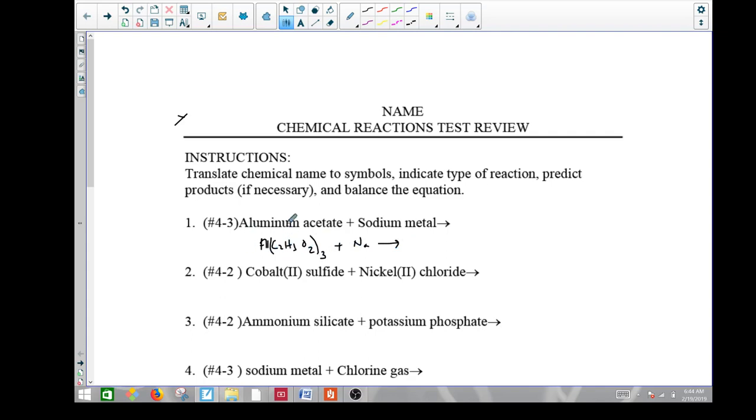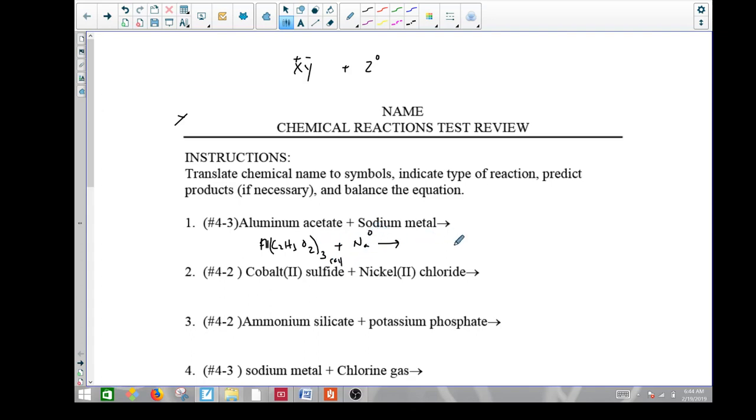You should be recognizing that template as an ionic compound XY plus a single element with no charge. So metals will exchange with metals, nonmetals with nonmetals. This is the cation, this is an anion, and typically this is aqueous. This is now no charge.